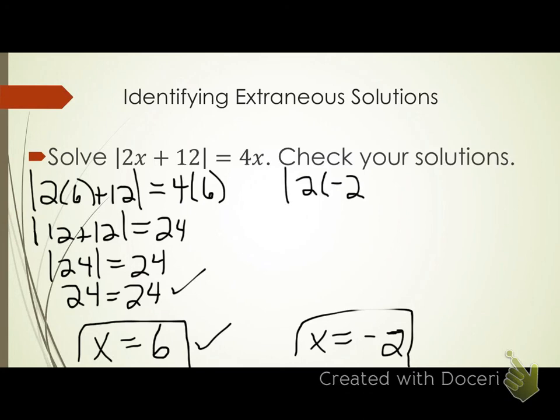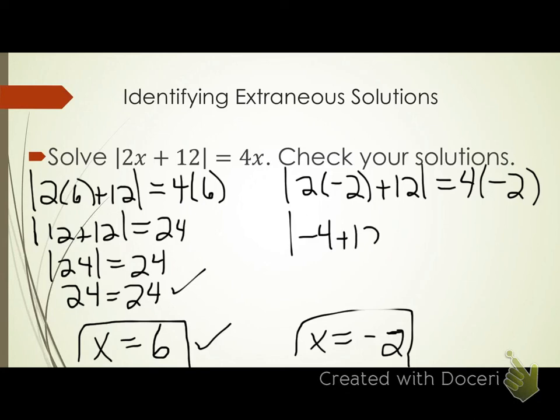Plug it in for both x's. 2 times negative 2? Negative 4. 4 times negative 2? Negative 8. Negative 4 plus 12? 8.